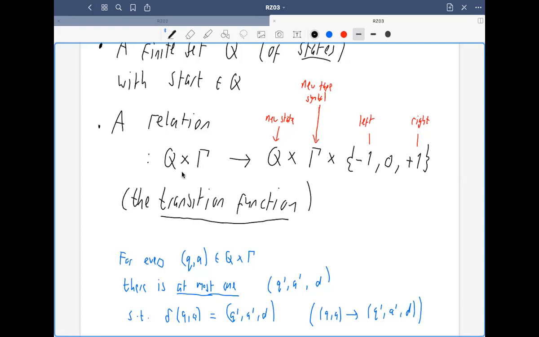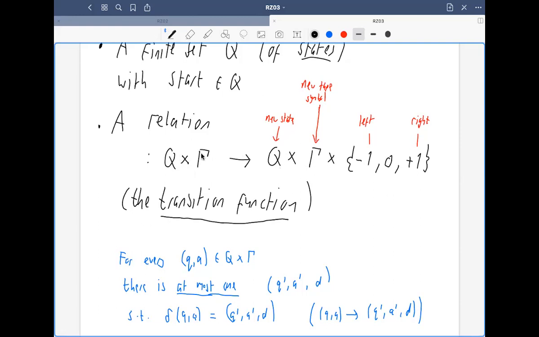A relation from pairs consisting of the current state and the current symbol that we're looking at on the tape, a relation between that set and the set of information that we change to, which is again a state, a symbol, the symbol that we're rewriting over the old symbol, and the head movement.